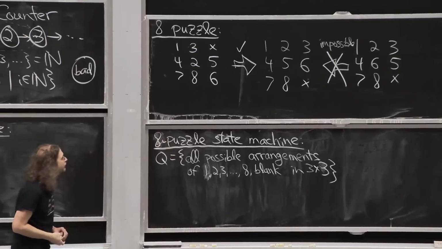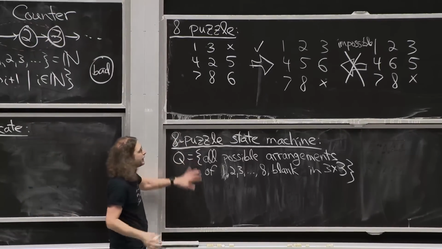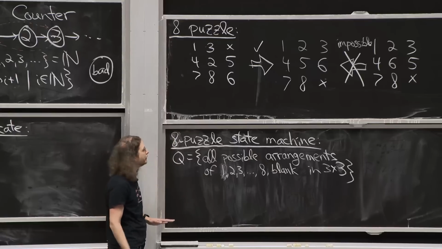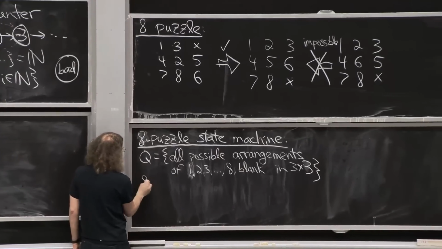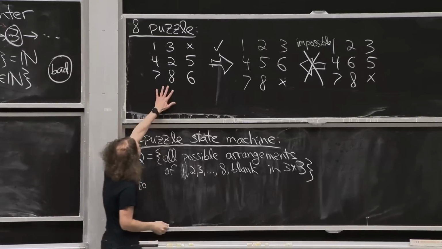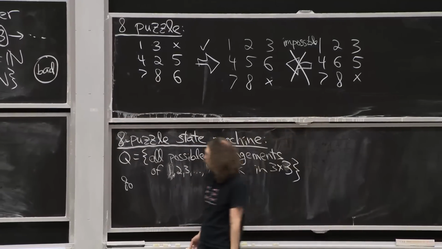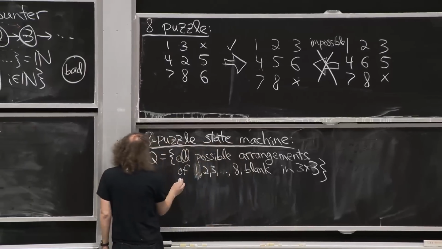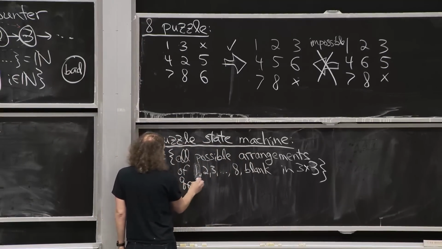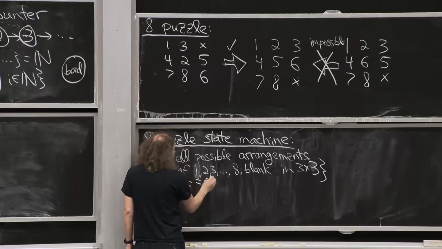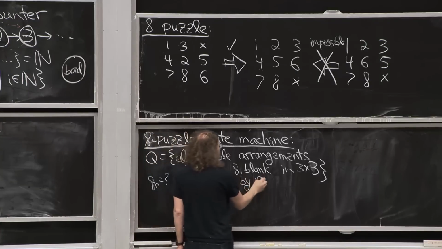It's 9 factorial, but we don't really care how many there are right now. We just want to think about this as a set of all the possible states of this board. Okay, our start state, well, that's either this one or this one, depending on where we want to start. We're also going to define a final state, Q sub f, and that is sorted by reading order.